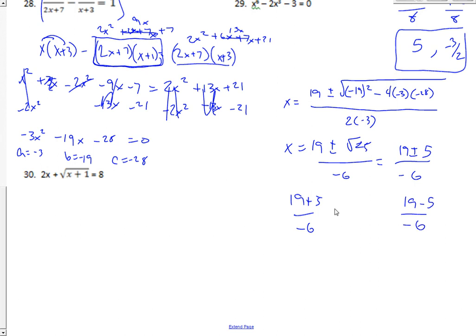So that's 24 over negative 6, which is negative 4. 19 minus 5 is 14 over negative 6, and that's going to be negative 7/3. So those are my two solutions for that one.